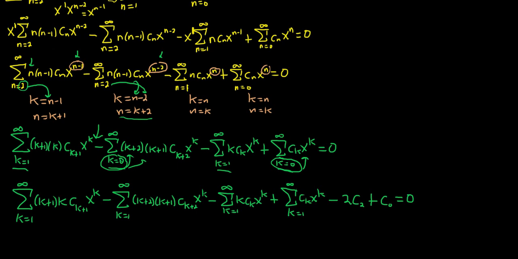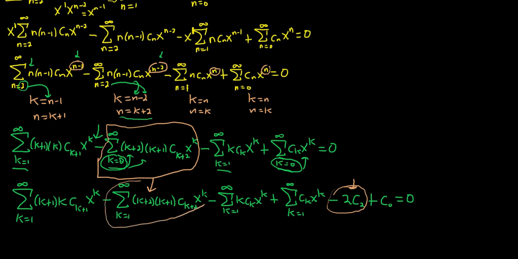Let me just explain what happened one more time. This piece here, which I'm circling in orange, is a summation starting at 0. So it's the one right below it, which starts at 1, and then here's the 0th term, the negative 2c2. So this negative 2c2 here, together with this summation starting at 1, are equal to this, right?